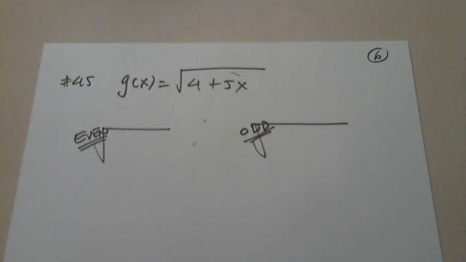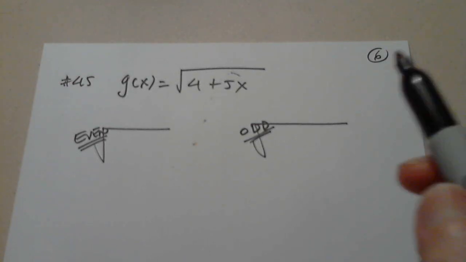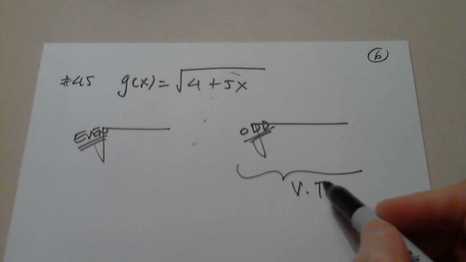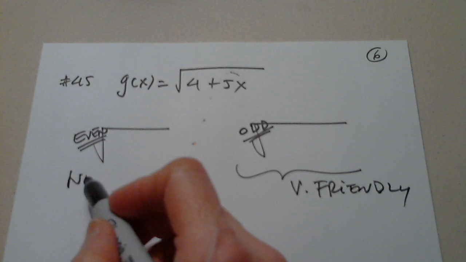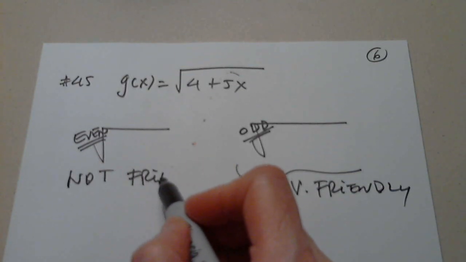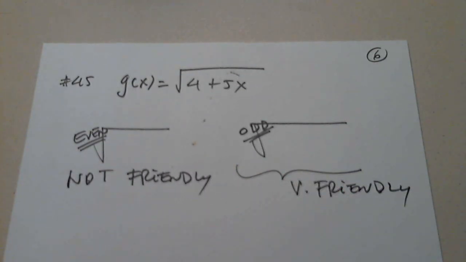So what's the difference between the two? One is friendly and the other one is not. Why is the even index not friendly and the odd index is?